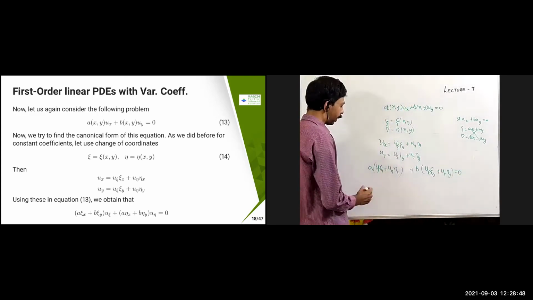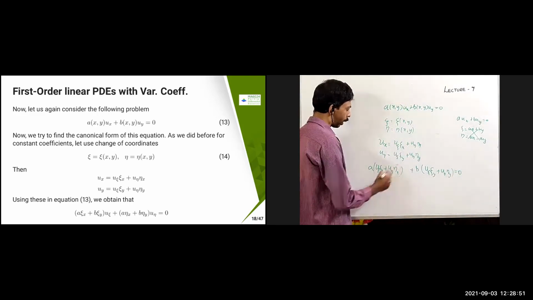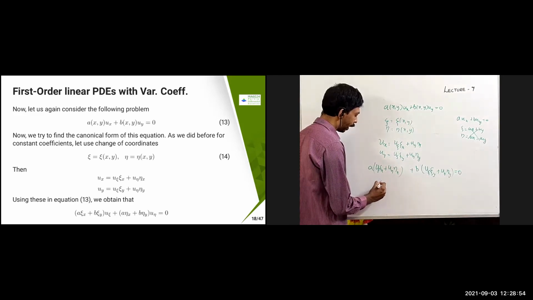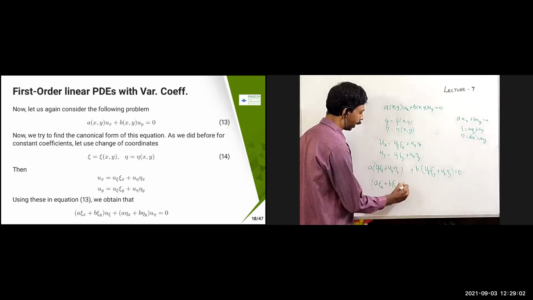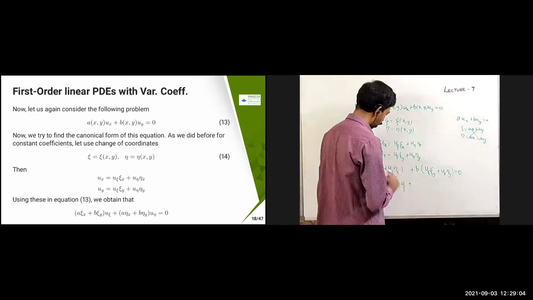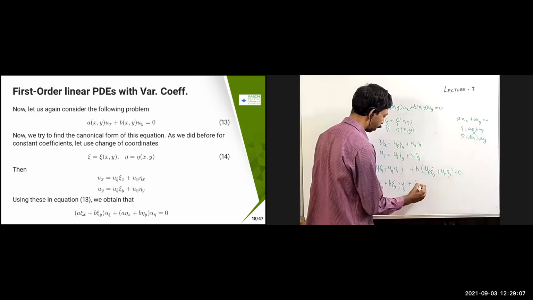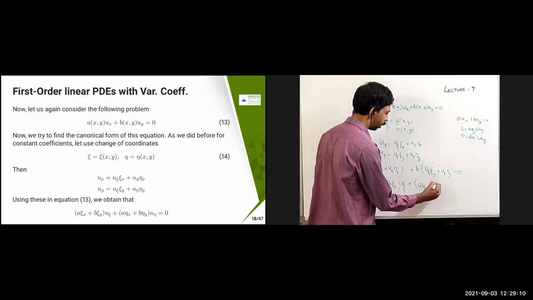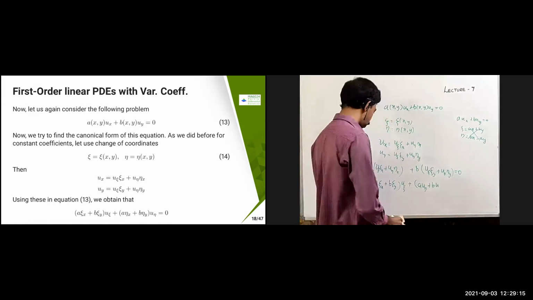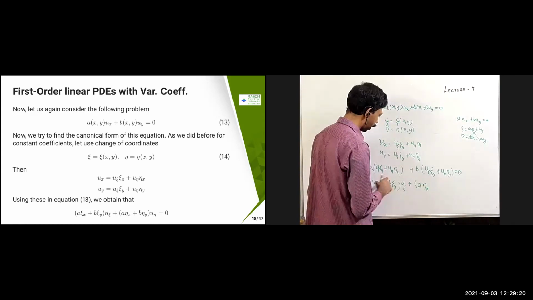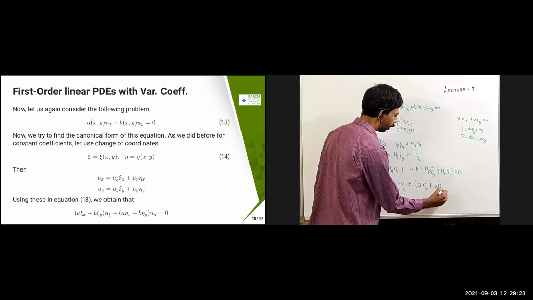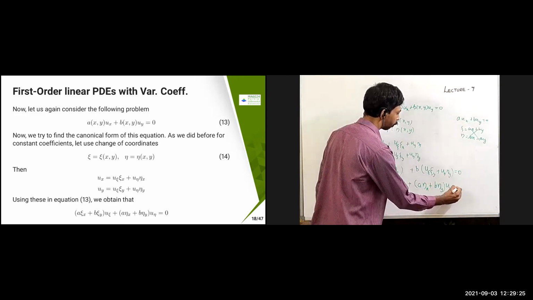Now I simplify this. I'm going to take u chi as common. Then this becomes a chi x plus b chi y into u chi, plus, taking u eta, a eta x plus b eta y into u eta, equal to 0.